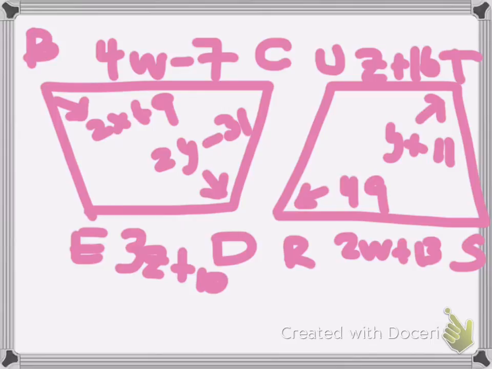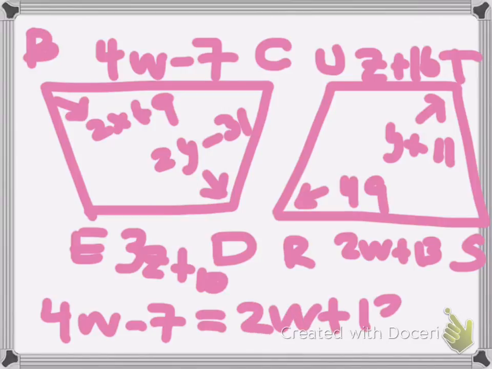So let's start with w. 4w minus 7, BC, is the same position as RS, which also has a w in it, so 2w plus 13. So since they're in the same position, or they're corresponding with congruent figures, we know that we need to put them equal to each other and solve for w.